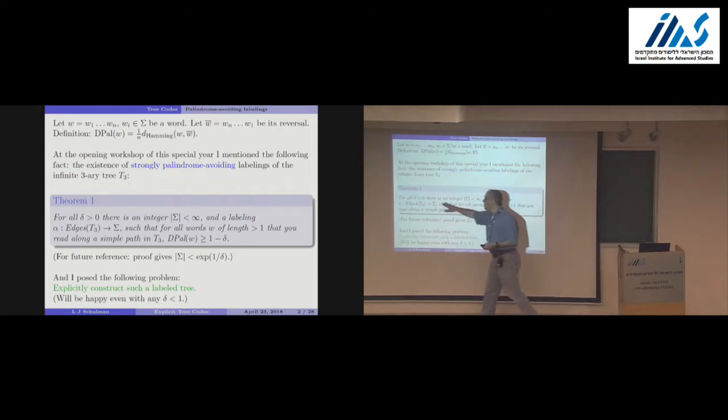For any fixed delta, there's a finite alphabet such that whenever you take a simple path through the tree and read the word that you encounter as you go across that path, it's very far from palindromic. So the distance between w and w bar is at least a 1 minus delta fraction of its length. Delta can be as close to 1 as you like.